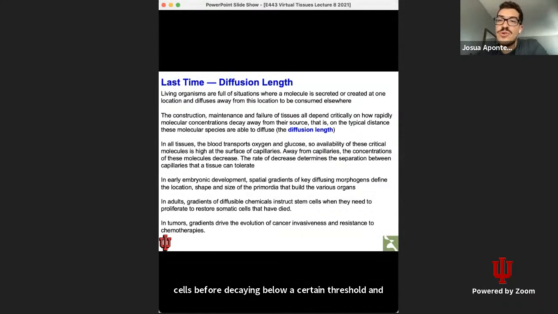And this is also true about how many hepatocytes you will have in a certain tube in the liver, and it also determines the length of propagation of signals during embryonic development.